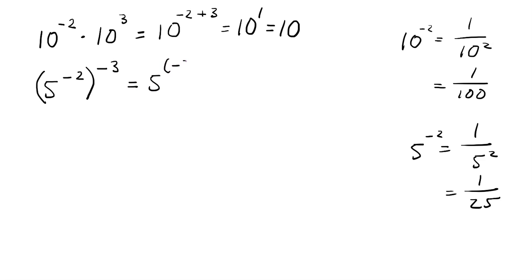We can multiply the exponents. This works now also for negative exponents. So minus 2 times minus 3, that's plus 6. So this is 5 raised to the power of 6. And using, for example, a calculator, this is equal to 15,625.